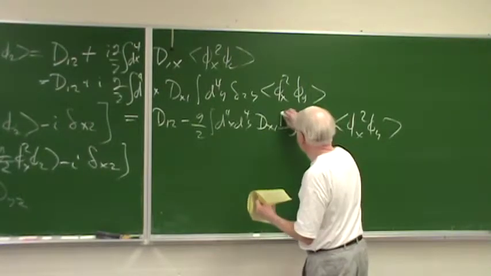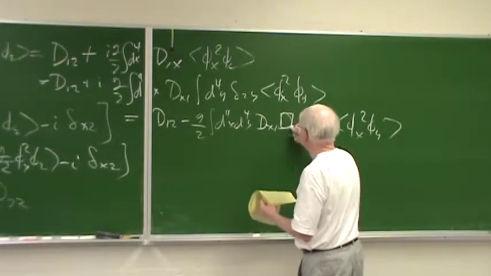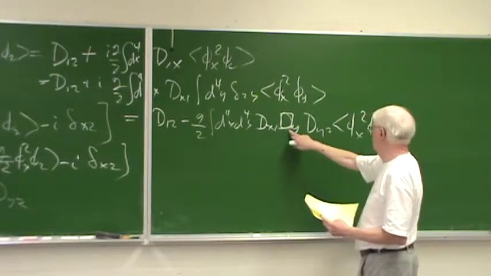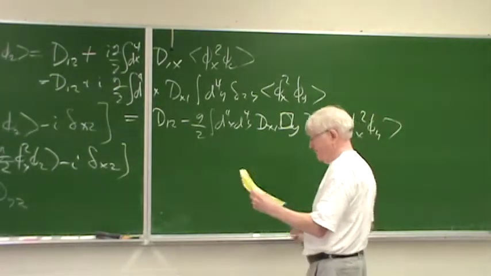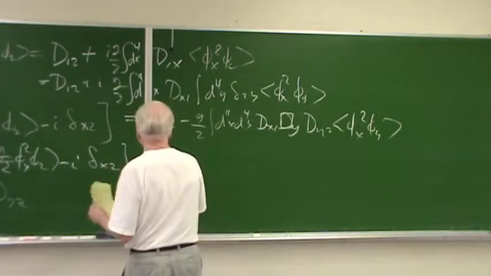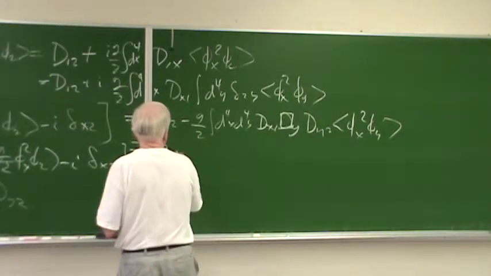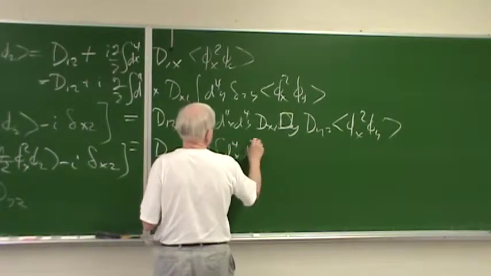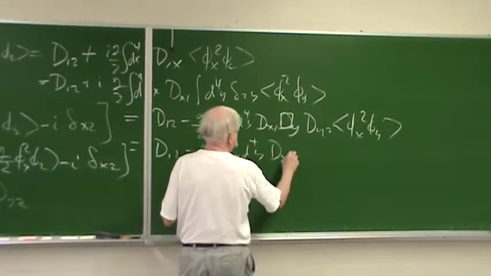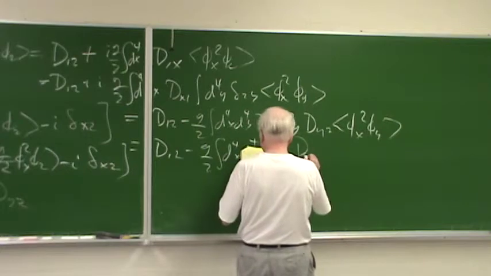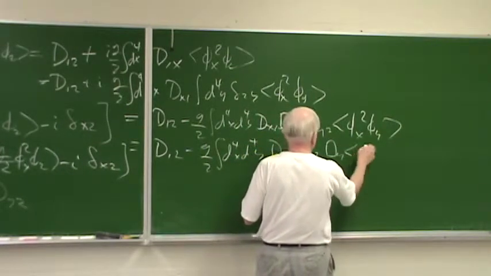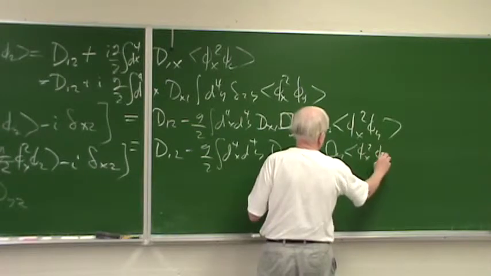Yeah, that was box y, not dy. And we can integrate by parts, and we go this way. And so the next line is actually D12 minus g over 2 d⁴x d⁴y dx1 dy2 box y on φ(x)² φ(y).